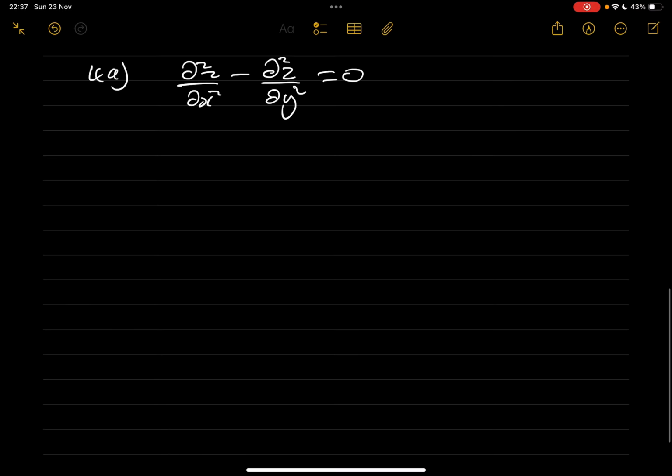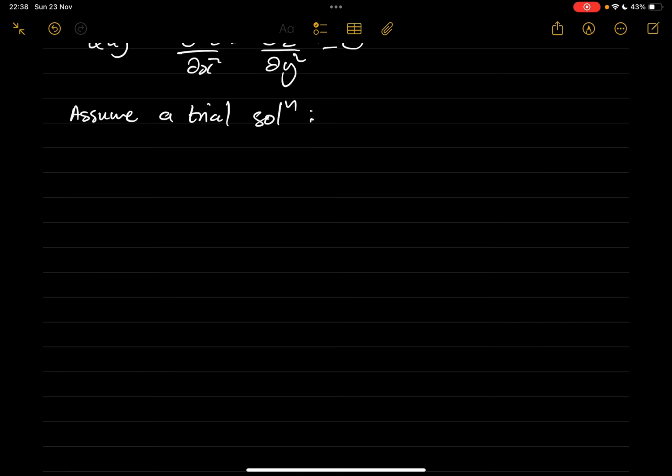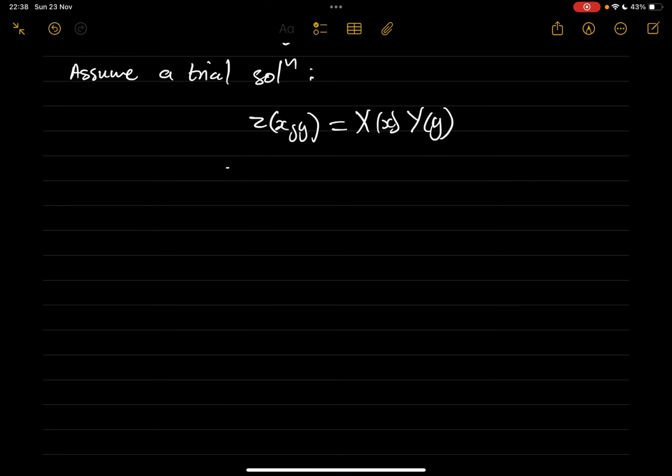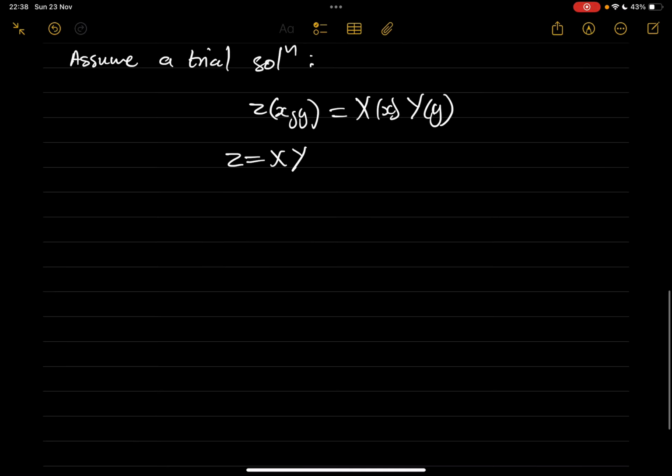Again here we need to assume a trial solution, which is Z(x,y) equals X(x) Y(y), which we can just write in this form as XY. So this is our trial solution.